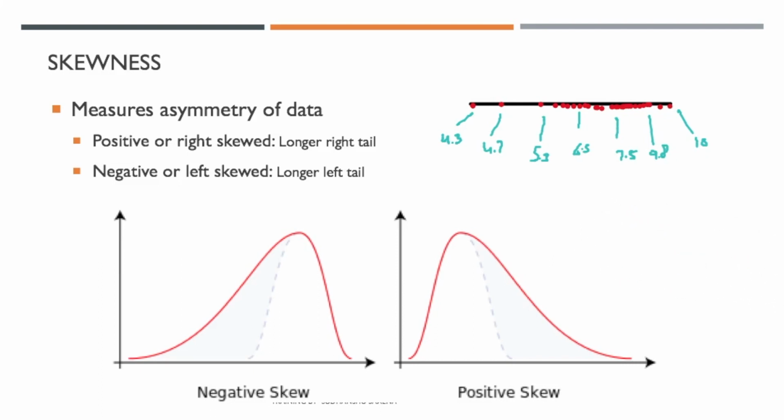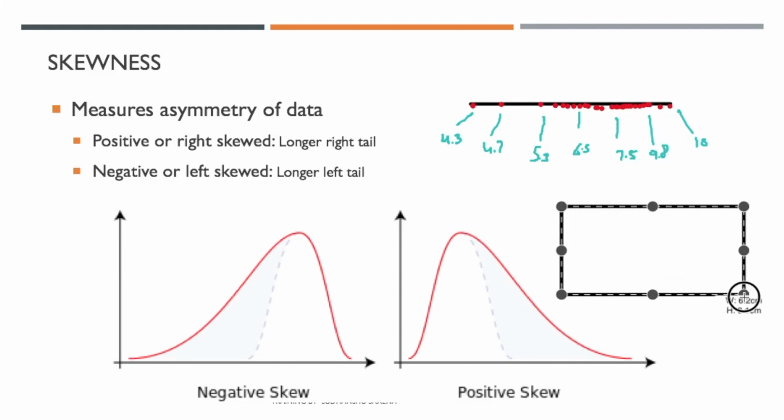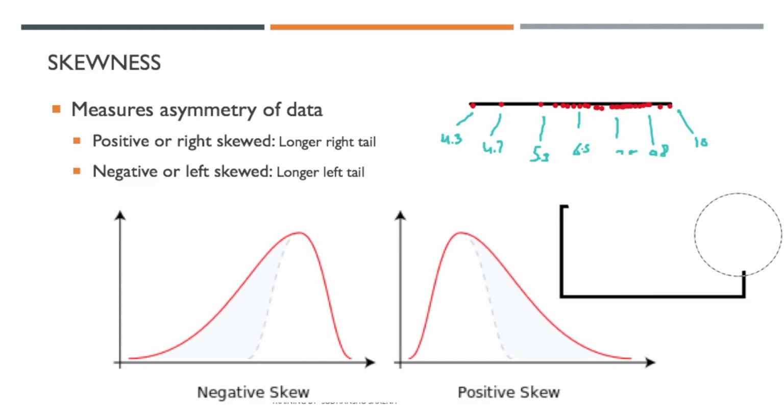What this cumulative frequency means is, I would create a graph over here like this, and I would like to find all the elements lying from 4 to 4.5, 4.5 to 5, 5 to 5.5, 5.5 to 6, 6 to 6.5, 6.5 to 7, 7 to 7.5, and 7.5 to 8, and so on and so forth.